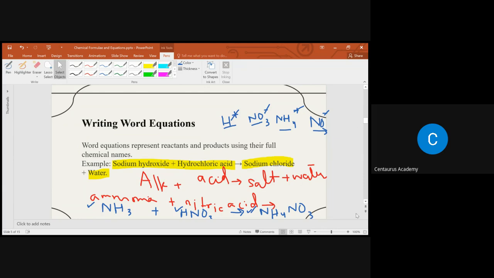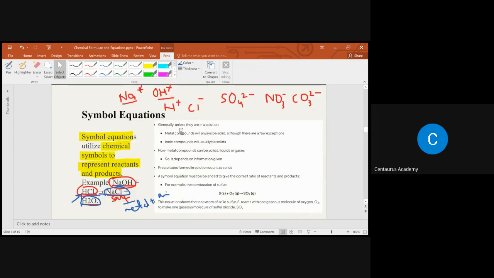These three things should be fulfilled when you are writing a chemically balanced equation. Whenever the question comes up asking about symbol equations, you have to ensure all of these.